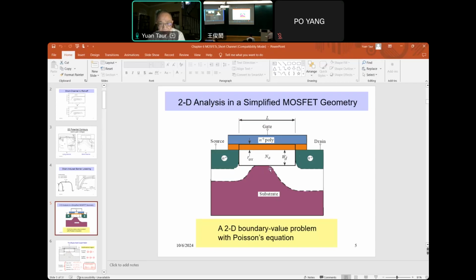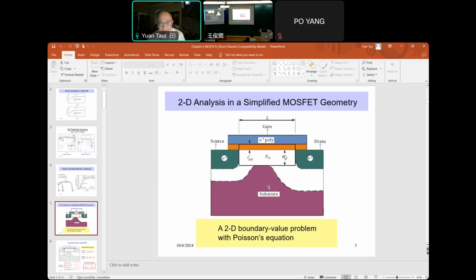So this becomes a rectangle. Now we can solve the Poisson equation, because to model the short channel effect, we have to consider a two-dimensional Poisson's equation. The rectangular shape will simplify this so-called 2D boundary value problem.